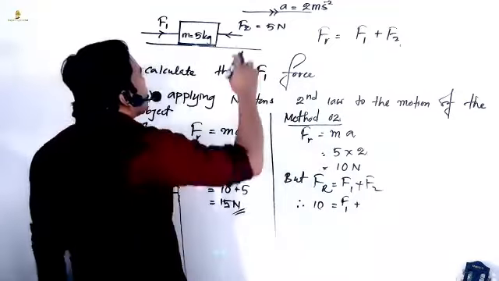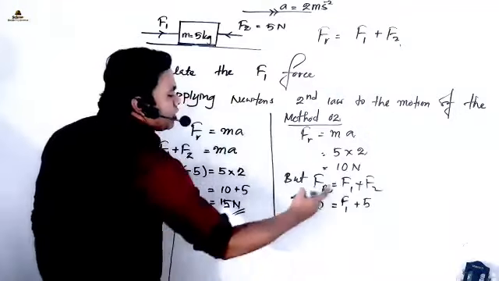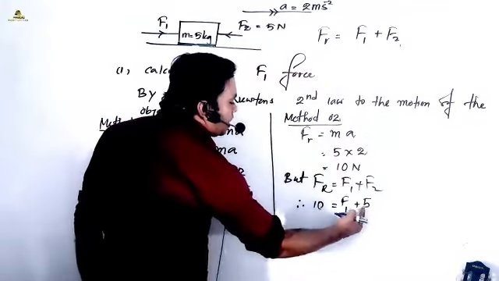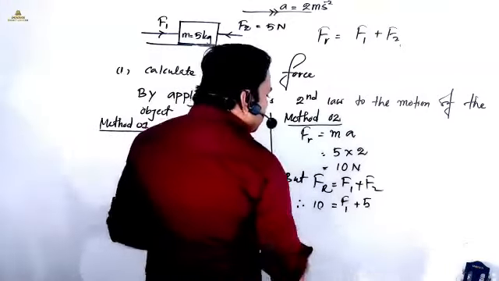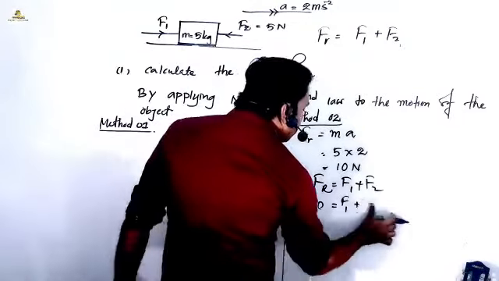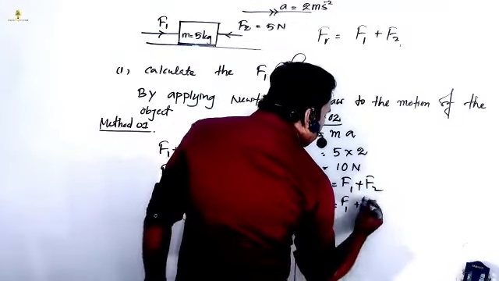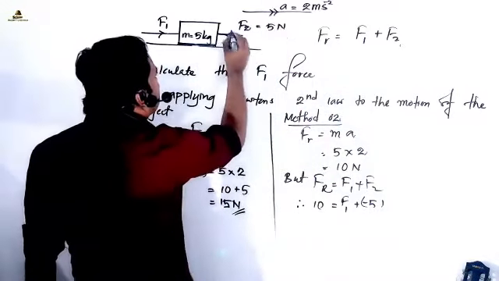F2 is, yes, that's 5 newtons. Okay, now you can substitute this F1, then you have to get this plus 5. Yes, that's a problem here. Plus 5, actually that's in the opposite direction. Therefore, you have to put that there, minus 5. Okay, so because this is in the negative direction.